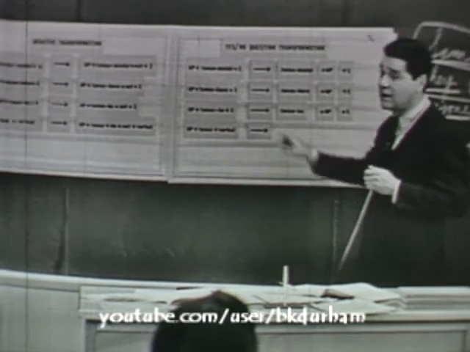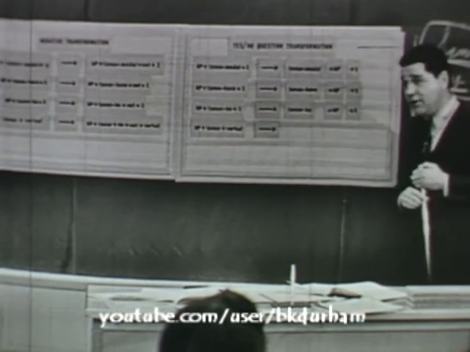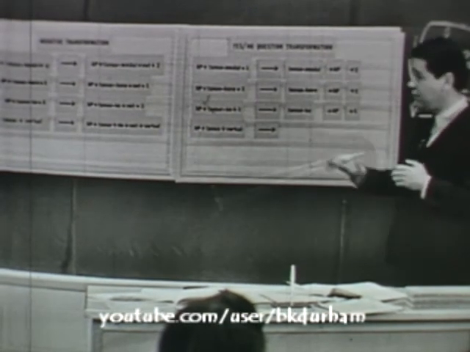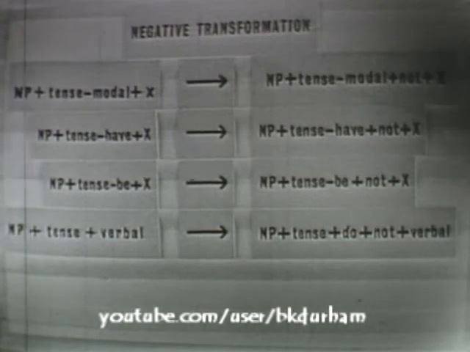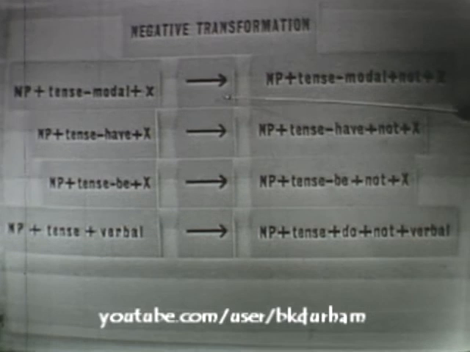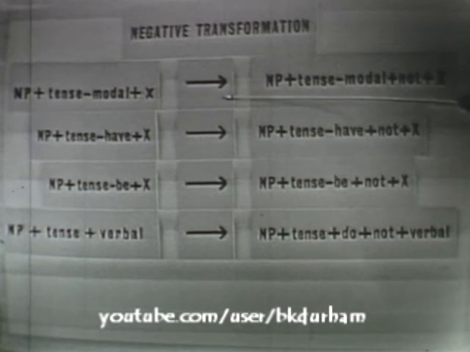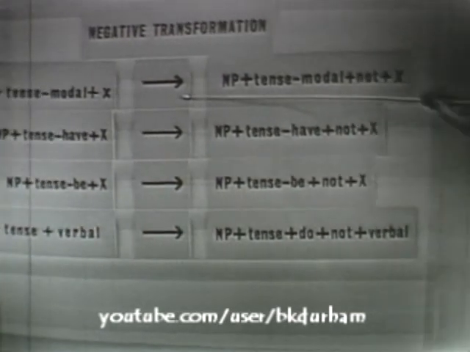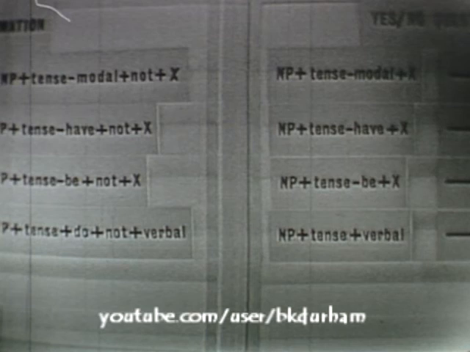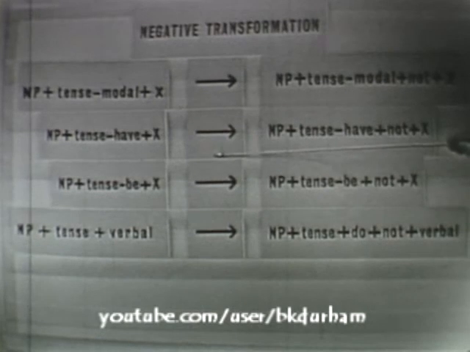Now, class, look very, very carefully at both of the charts. You will see that everything to the left of the arrow here, with a negative transformation, is just like everything to the left of the arrow here in the yes-no question transformation, isn't it? And in the second line, the same thing is true.